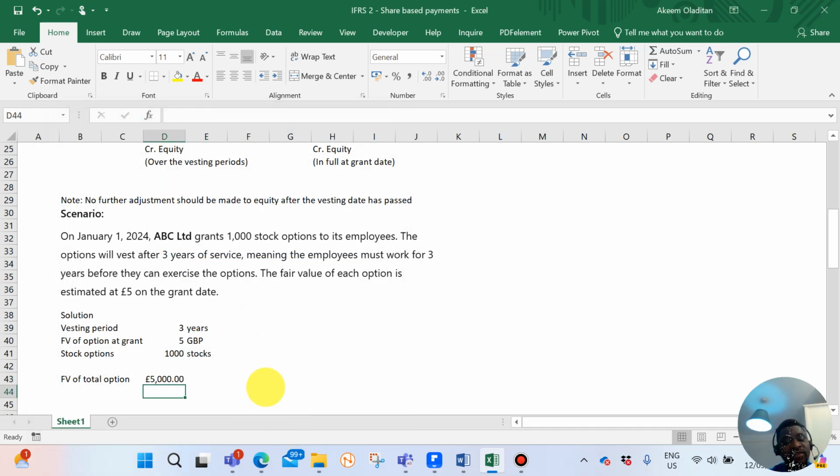But this 5,000, don't forget I said that because the vesting period is 3 years, this 5,000 pounds is actually for the whole of the 3 years. So we cannot recognize that amount in full. We need to break it down into 3.